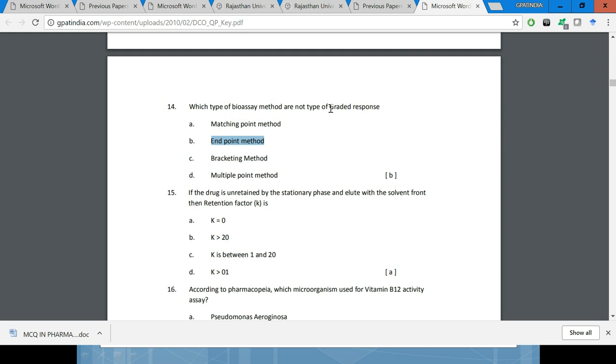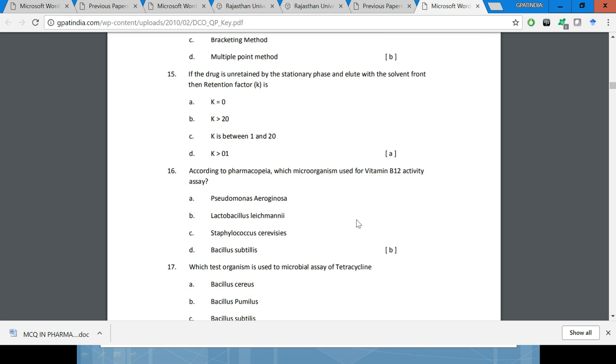In this method, dose is bracketed with varying doses of a standard till exact match is obtained. And third one is multiple point assay. That means it can be 3-point assay or 4-point assay, which combines bracketing with interpolation. So correct answer is endpoint method. Graded response method cannot have endpoint method.